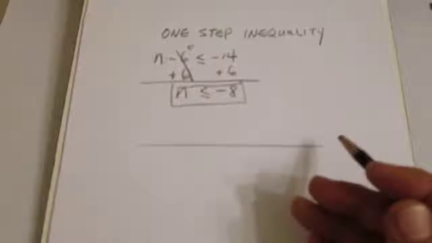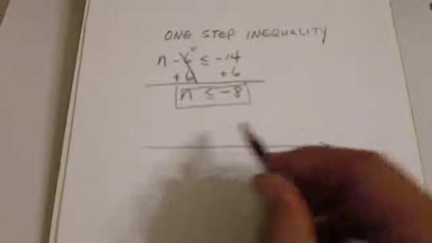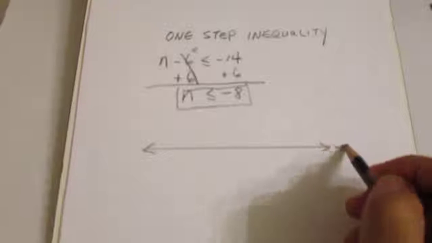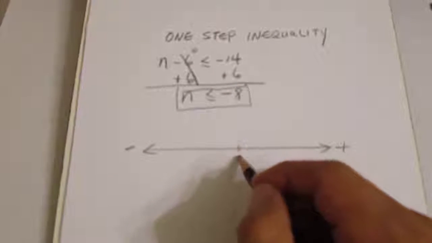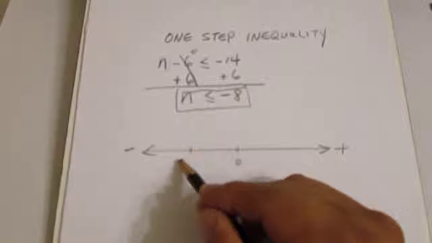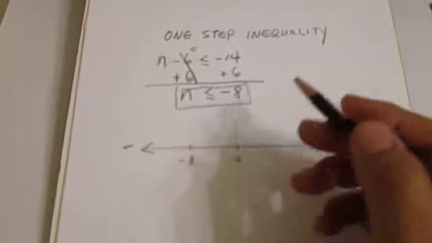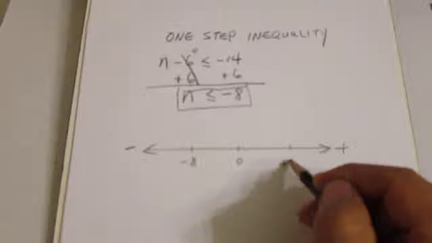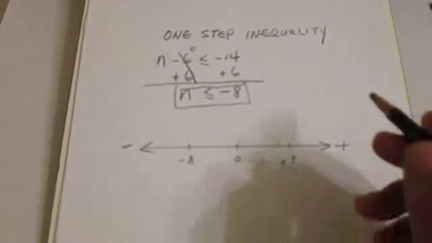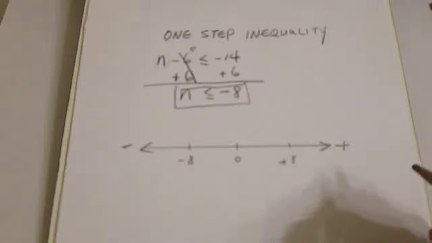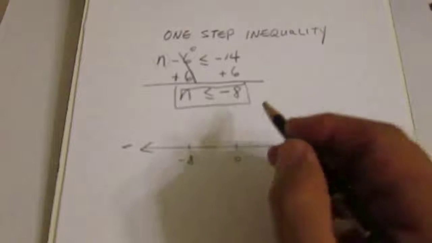Positive here, negative there, we have the 0 in the middle, negative 8 and positive 8. So I'm just going to do a one point test, that way you see how fast we can do it.